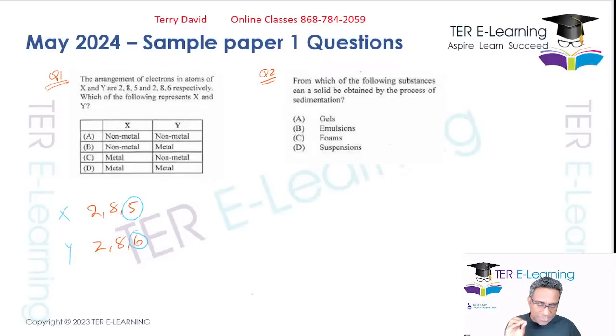We're supposed to know the first 20 elements, and we normally learn them by group. In group 5, we have nitrogen and phosphorus. In group 6, we have oxygen and sulfur. Those elements are non-metals, and that's the answer we're looking for here: non-metal, which in this case is A.